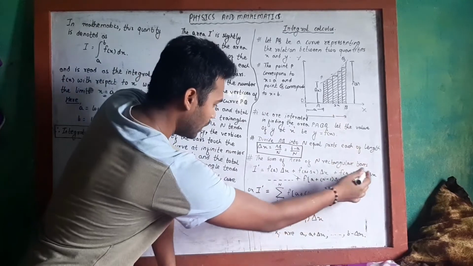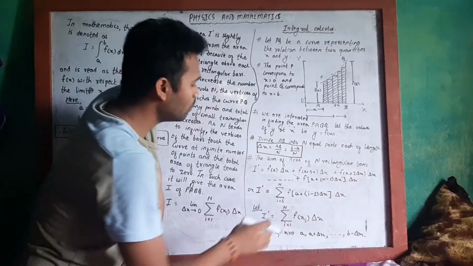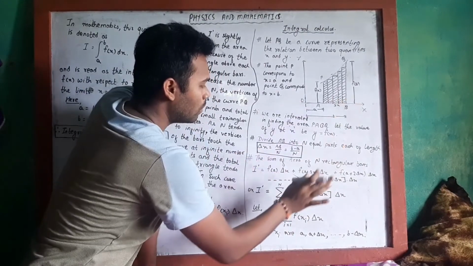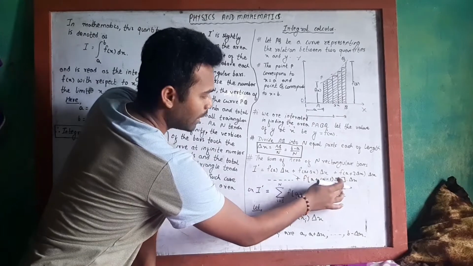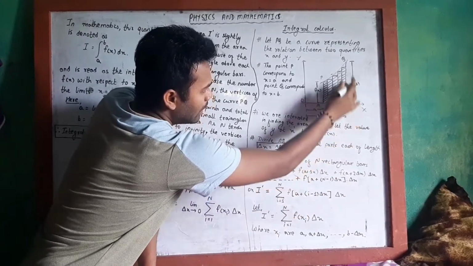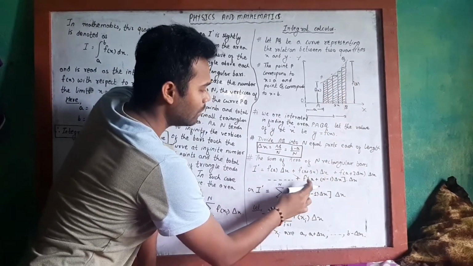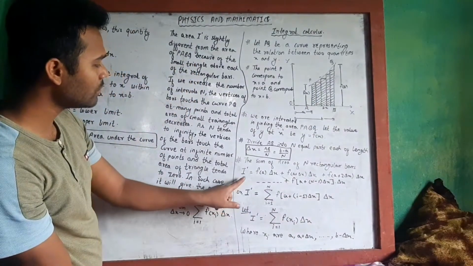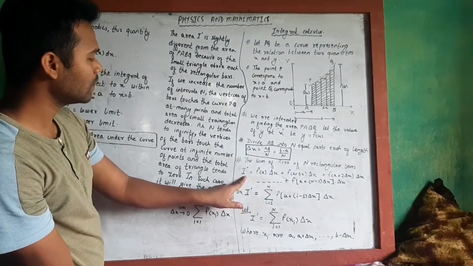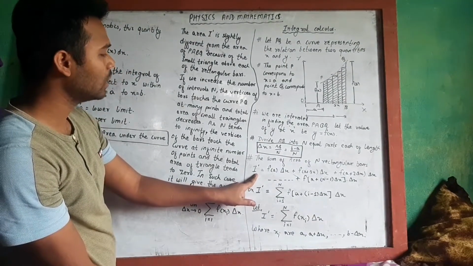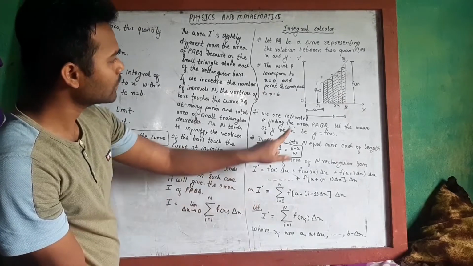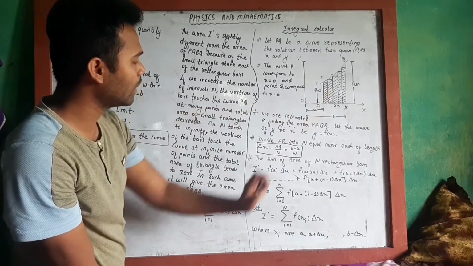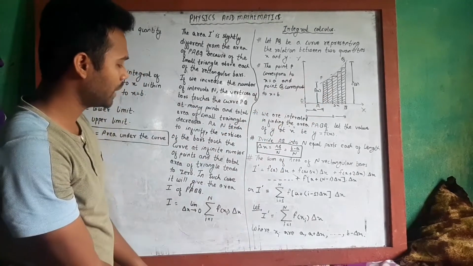Likewise, if we go on adding the areas of these rectangular bars, then we'll come to the final one. This last rectangular bar area will be f(a plus (n minus 1) del x) into del x. This representation will give the total area of all the rectangular bars under the curve PQ.